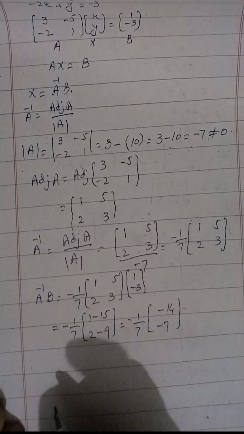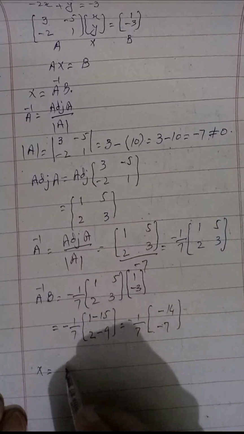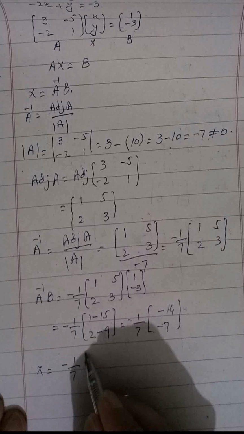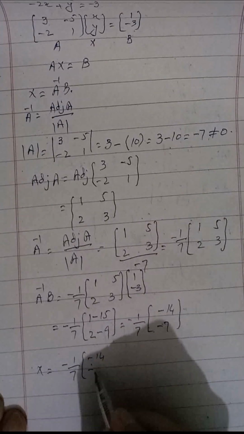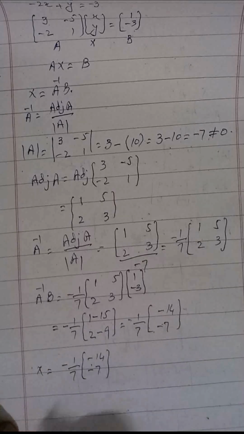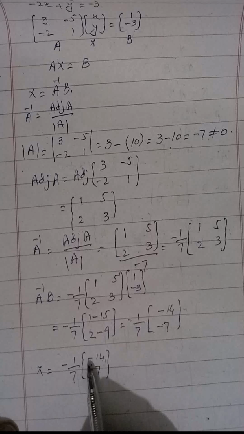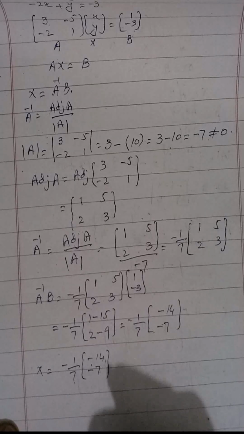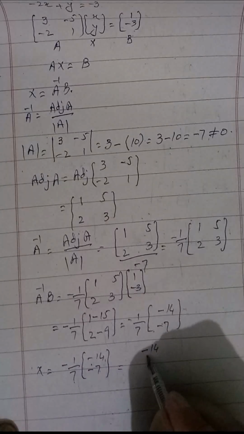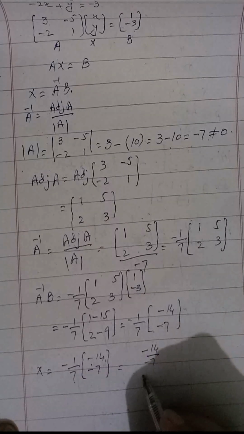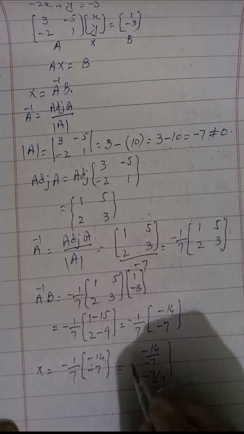Now we have x is equal to -1 over 7 times [-14, -7]. Now multiply 1 over 7 with the two values -14 and -7, we get -14 over -7 and -7 over -7.